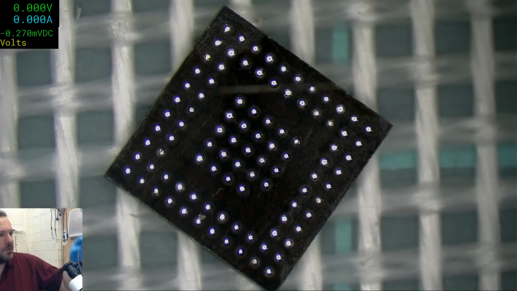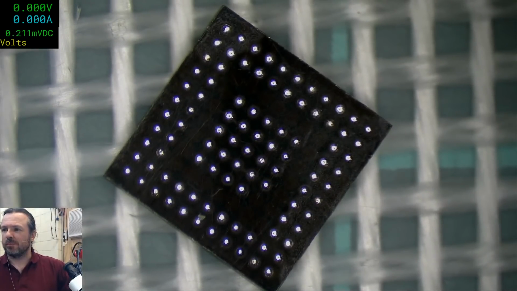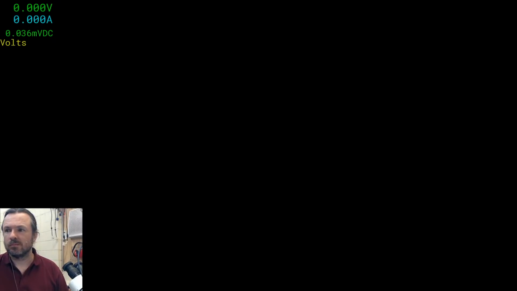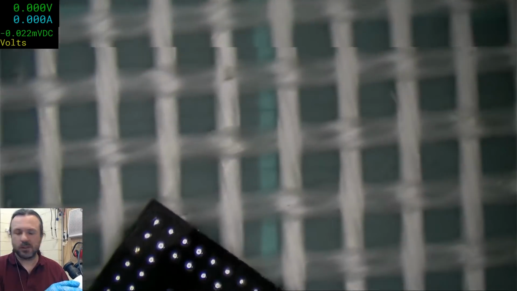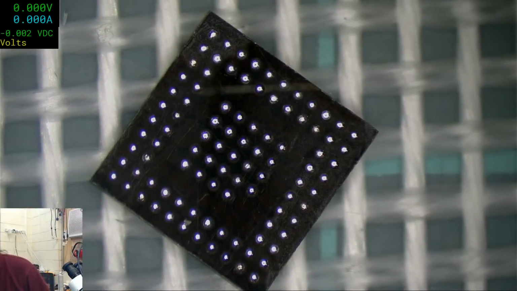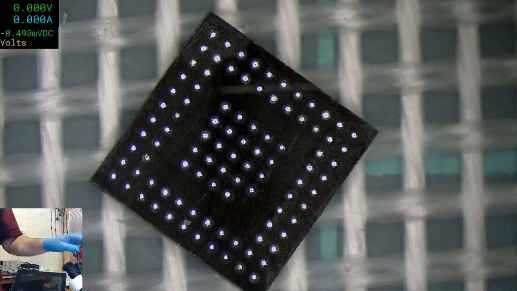Let's see if I can improve on it. The split's just moved. That's all. Okay, we'll try a different port. If everything goes to hell, it's all your fault.